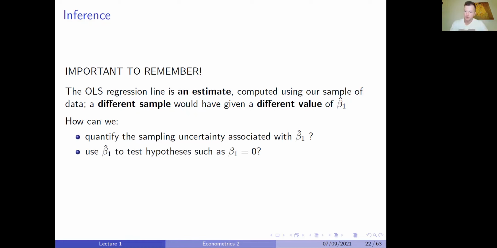Another issue is to ask: given this beta 1 hat, how likely is it that the true beta 1 is 0? Why do we want to know this? If the true beta 1 is 0, and this is highly likely, then there is no effect of x on y, and we are proving something which does not exist.